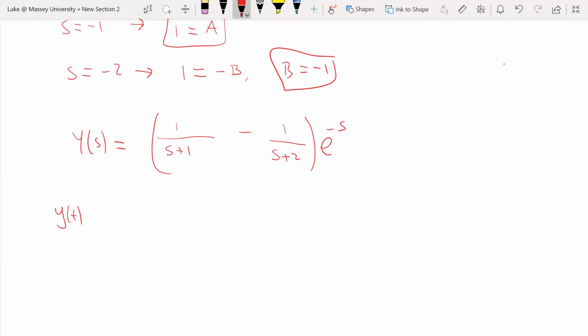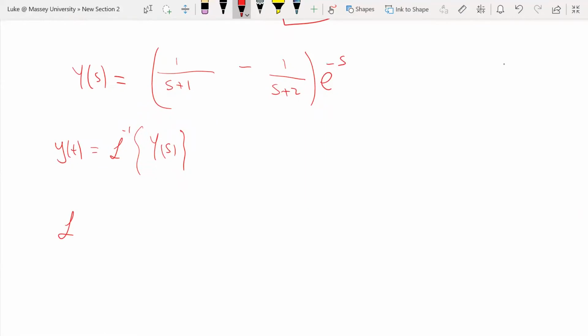Now, that is equal to the inverse Laplace transform of Y(s). Let's just split this up and look at the inverse Laplace transforms. I'll call f1(t) the inverse Laplace transform of 1 over s plus 1.